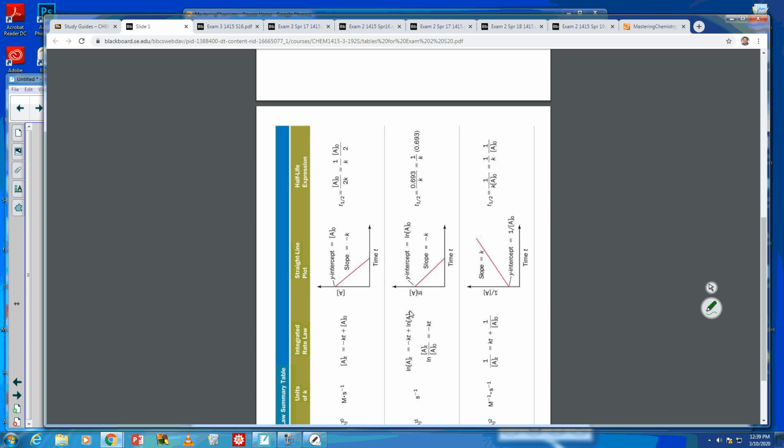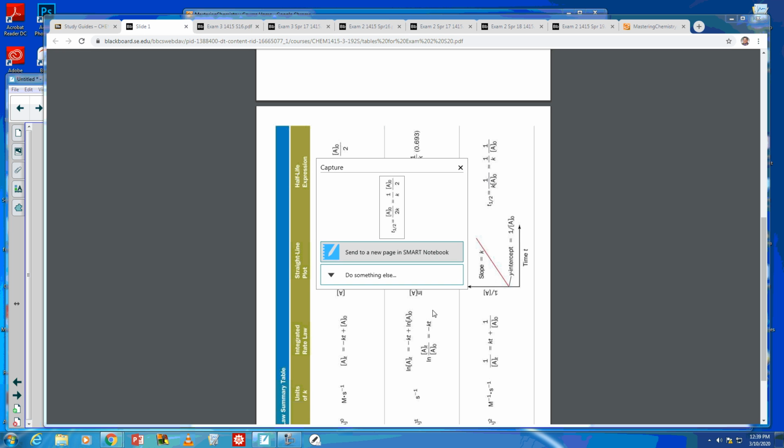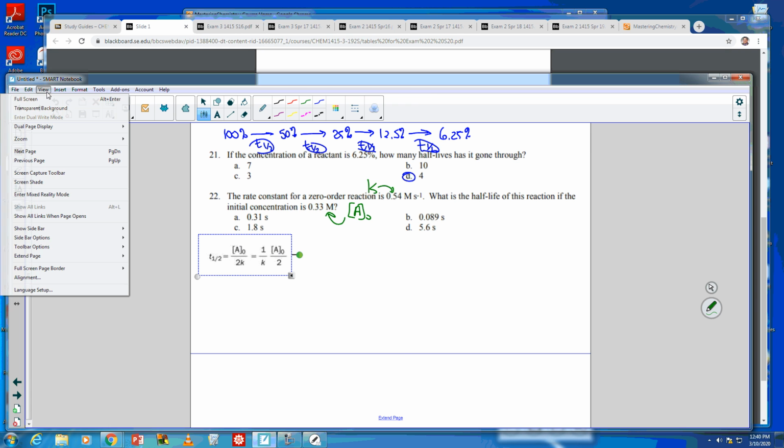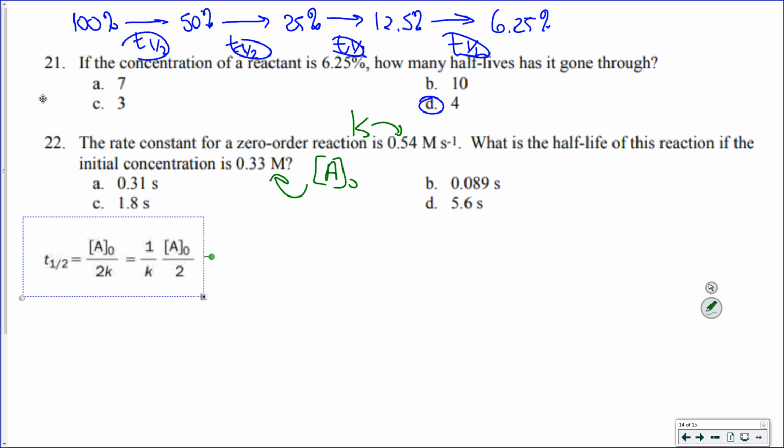For zero order, my relationship is that the half-life is equal to the original concentration divided by 2K. So it just becomes plug that in.